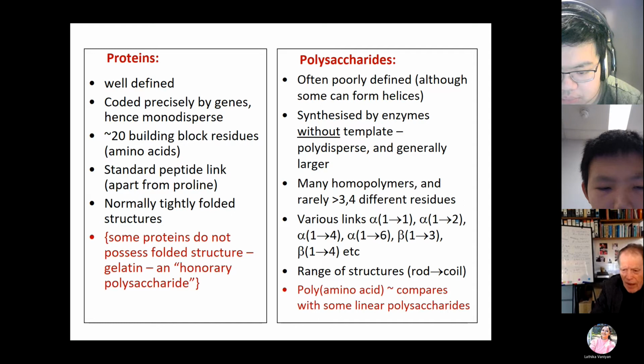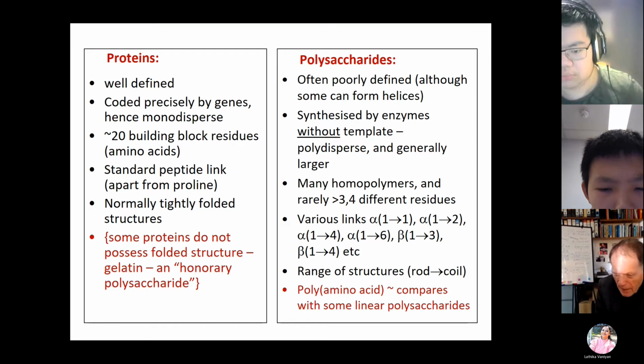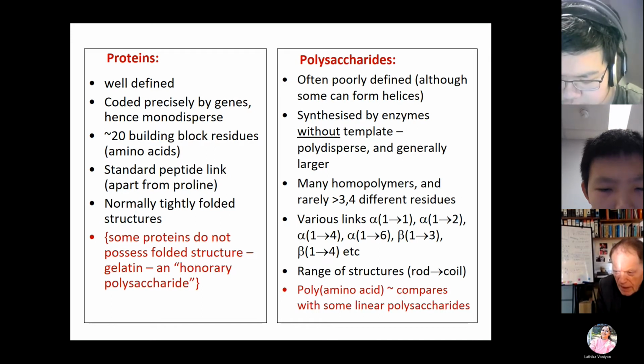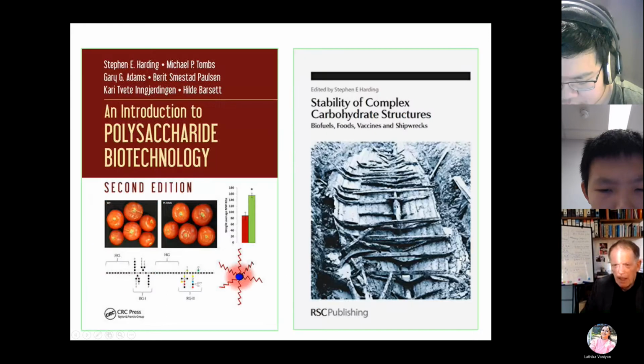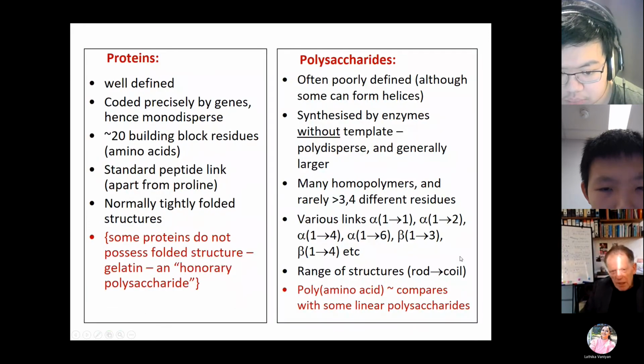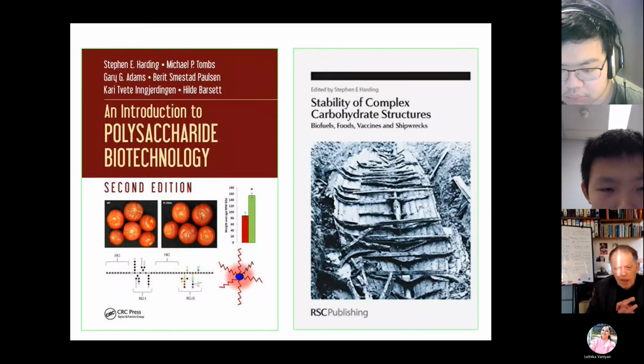And you can get some polyamino acids which have behaviors comparable with some linear polysaccharides, but these generally are synthetic molecules, not natural. So that's a quick introduction to polysaccharides.